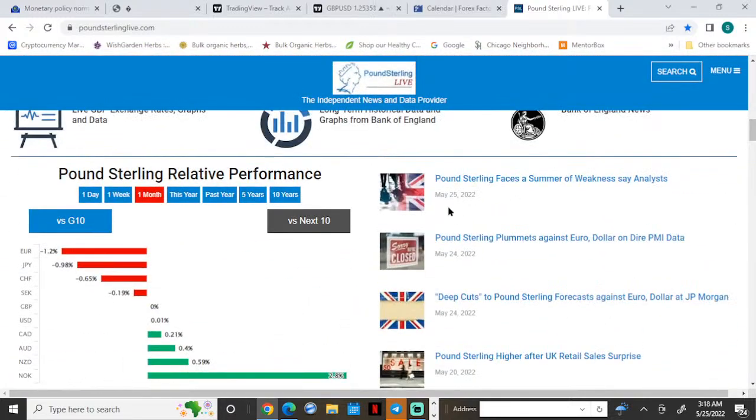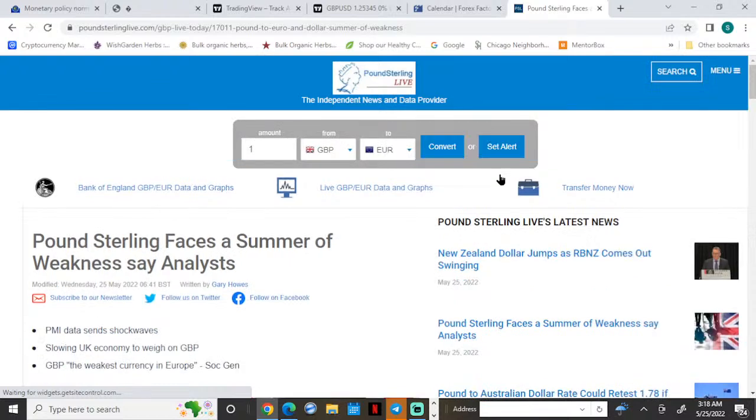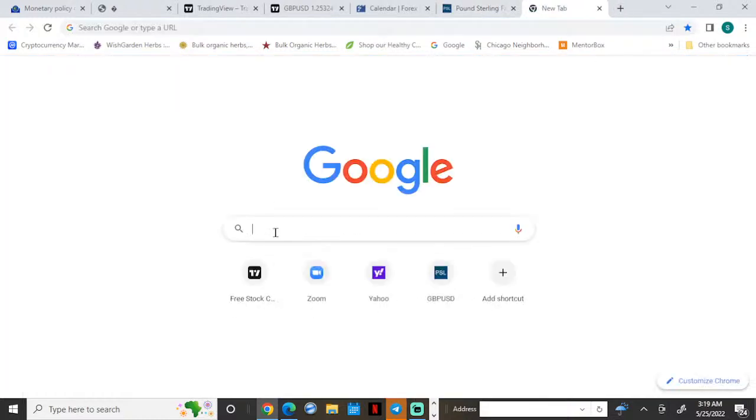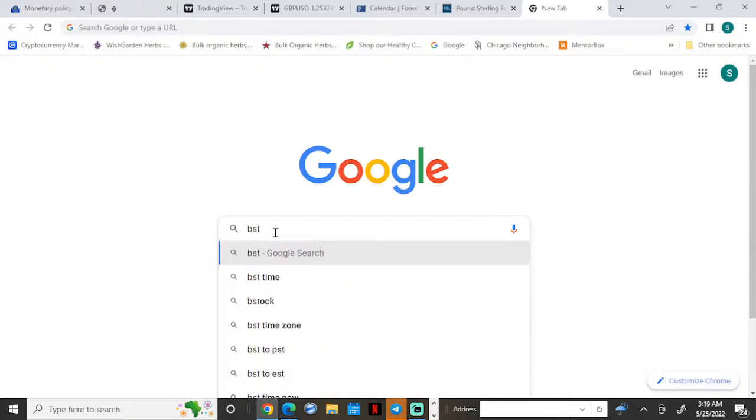All right, so this is May 25th. This is a recent article, well, article from today. Came out at 6:41 BST. What is BST? I don't even know what BST is. We're going to look it up because that's what we do here.